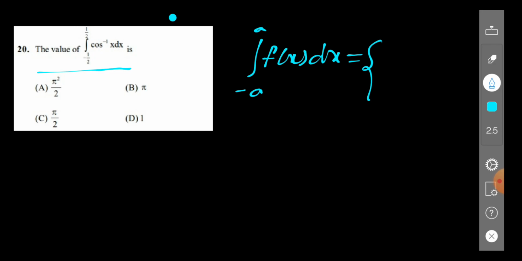Next, problem number 20. The value of integration minus 1 by 2 to 1 by 2 cos inverse x. Actually, we have one formula, integration of minus a to a f of x dx is equal to 0 if the function is odd, and if the function is even, it is 2 into integration of 0 to a f of x dx.